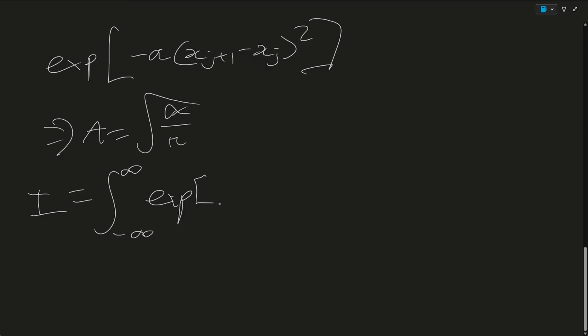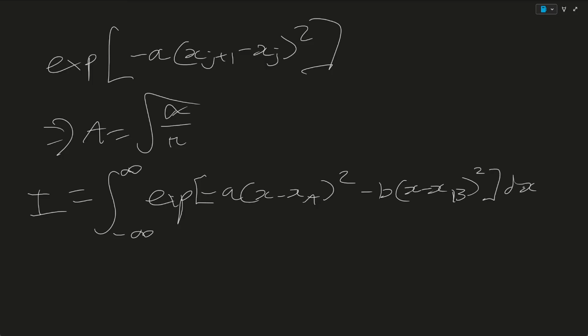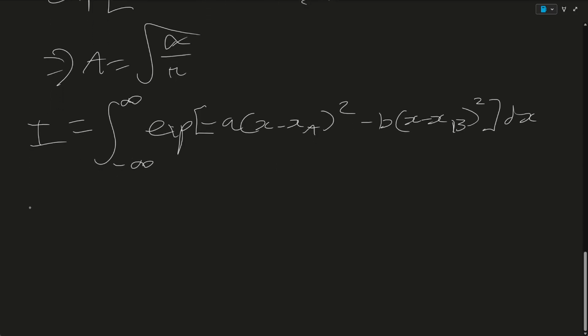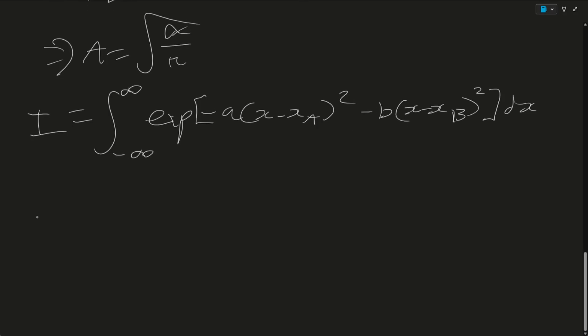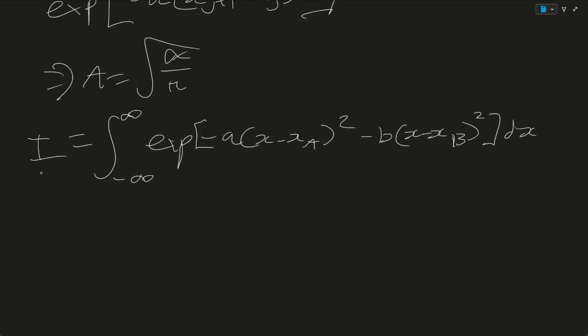I hope no one minds I'm using x instead of e to the whatever. x minus x_a squared minus b. This is just two Gaussian products. Obviously if you expanded that, they would end up being products. Brilliant.